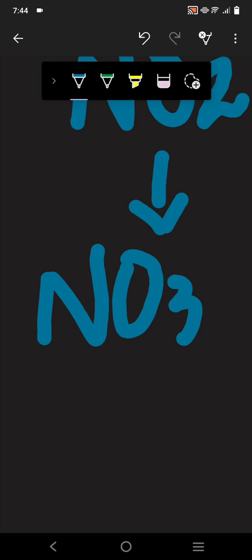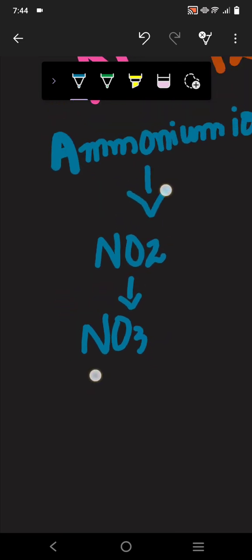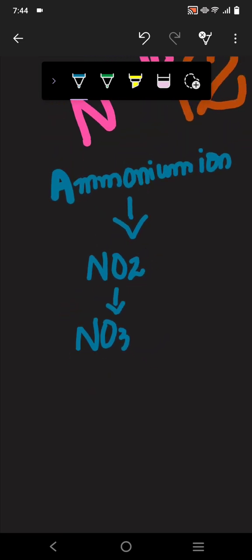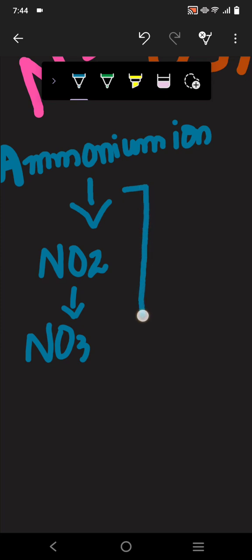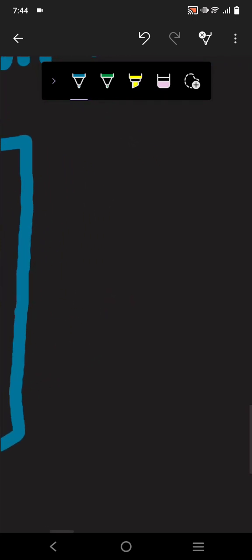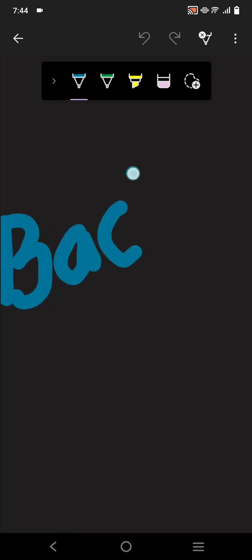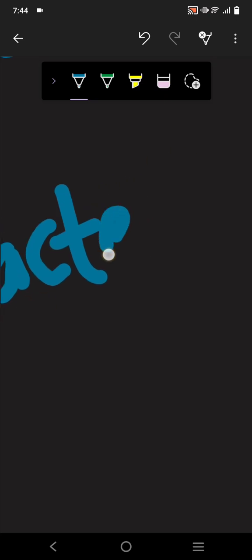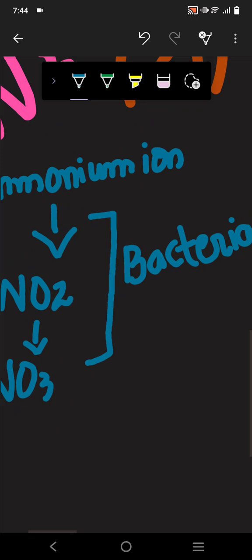So how does this process occur? It is carried out by bacteria, and it is a misconception that bacteria are harmful, because no, these bacteria are not harmful. These bacteria are converting the atmospheric nitrogen into a useful form. What is nitrate?